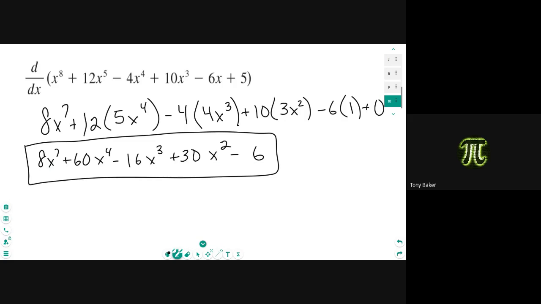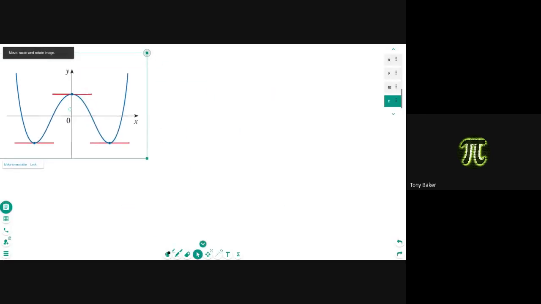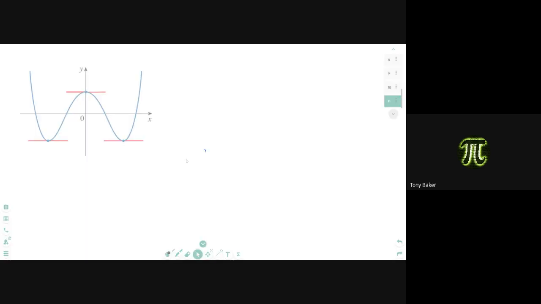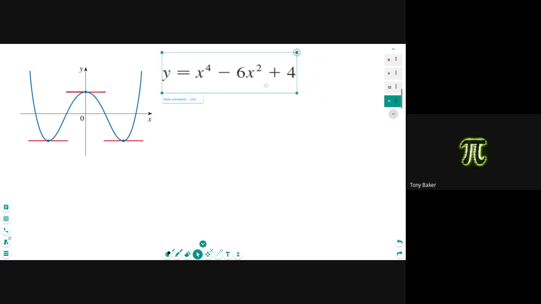Okay. So now the question is, okay, who cares? We found the derivative. Yay. There's the function for that graph.